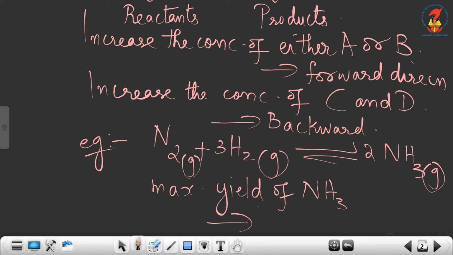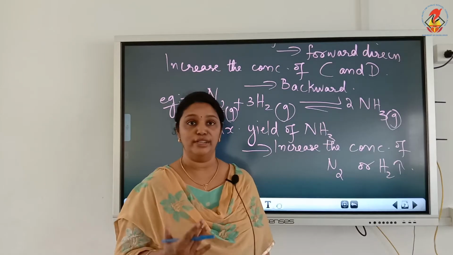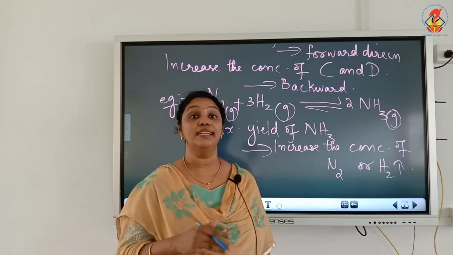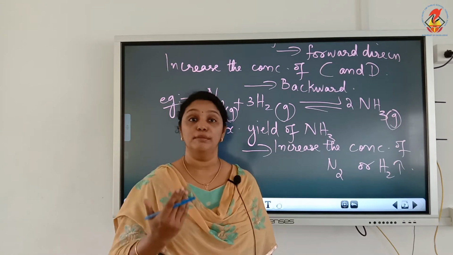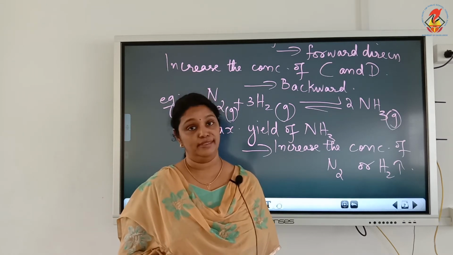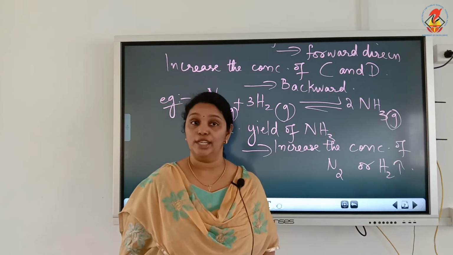So to get maximum yield of ammonia, we have to increase the concentration of nitrogen gas or hydrogen gas. If I increase the concentration of nitrogen gas or hydrogen gas, the reaction will proceed in the forward direction, resulting in the formation of more and more ammonia gas. So this is the effect of concentration on equilibrium.